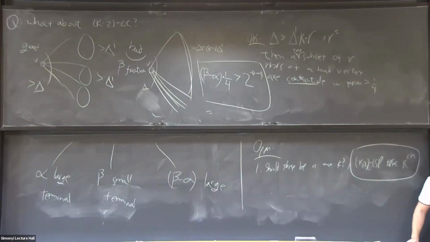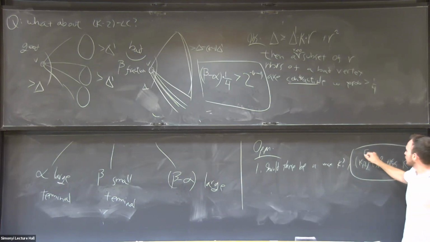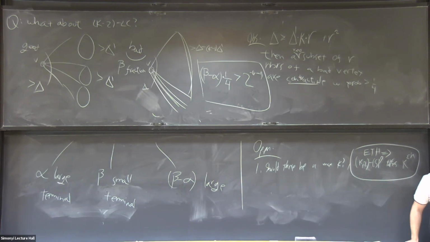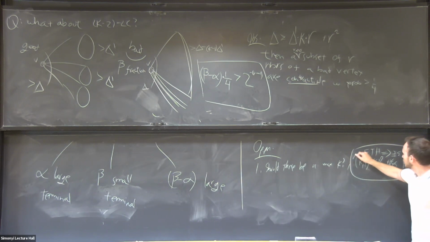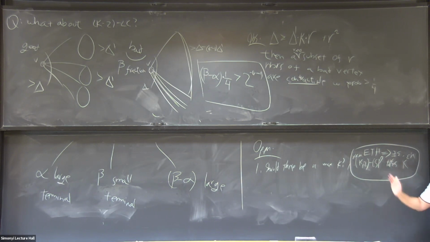Here epsilon is fixed. So if ETH is true, then there is some epsilon. That's for every K. Yes, this epsilon for every K. So it could be that something gets worse with K in this type of problems.